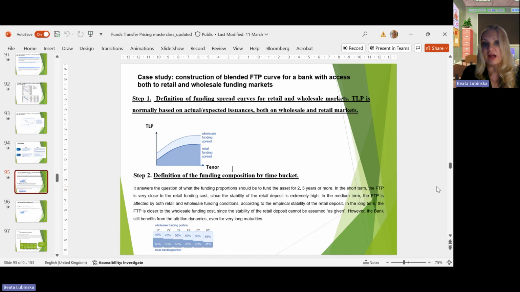Sometimes you even run a positive cost of carry, which means that the remuneration on the LAB, liquid asset buffer, is better than the cost of funding of this LAB. So especially if you're funding it through NMDs.